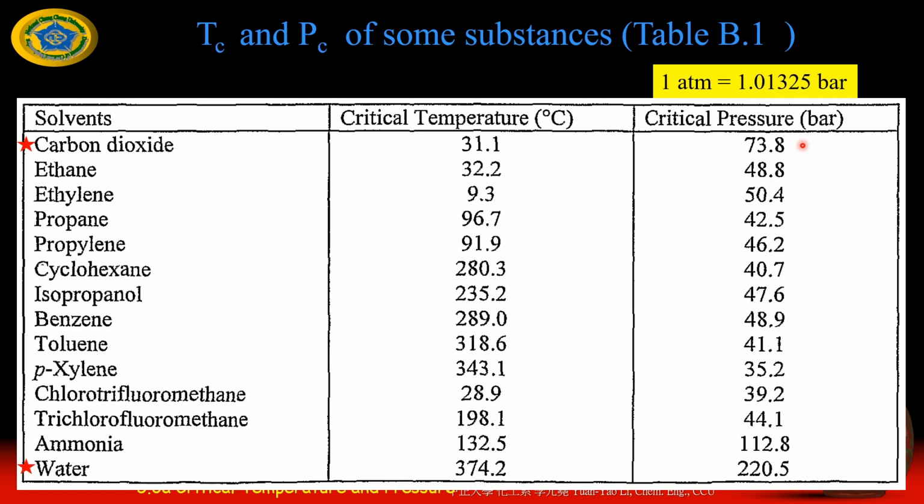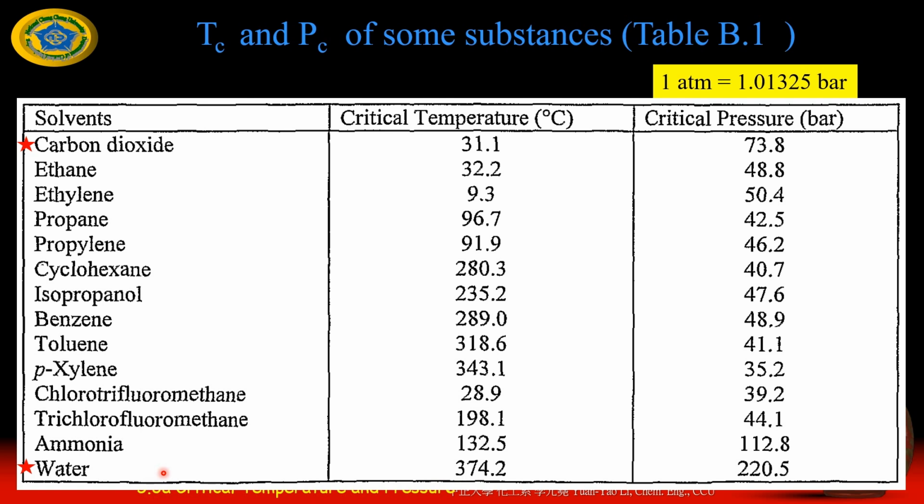Another important substance is water. The critical temperature of water is 374.2 Celsius, and the critical pressure is very high, about 220.5 bar. When I was a PhD student, I used supercritical water in some experiments.